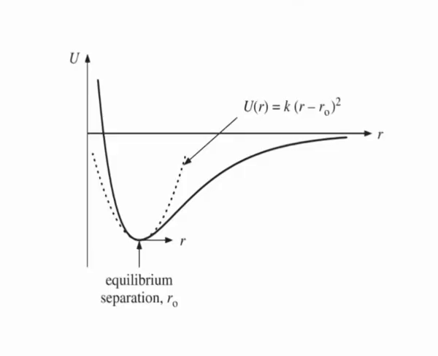Another example of simple harmonic motion in quantum physics is provided by the vibrations of the two nuclei of a hydrogen molecule. The solid curve in the figure represents the potential energy U of the hydrogen molecule as a function of the separation R between the nuclei.